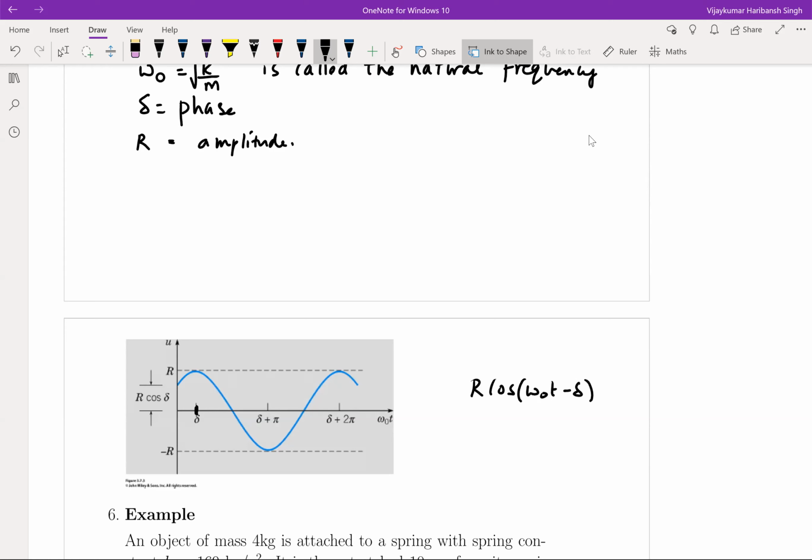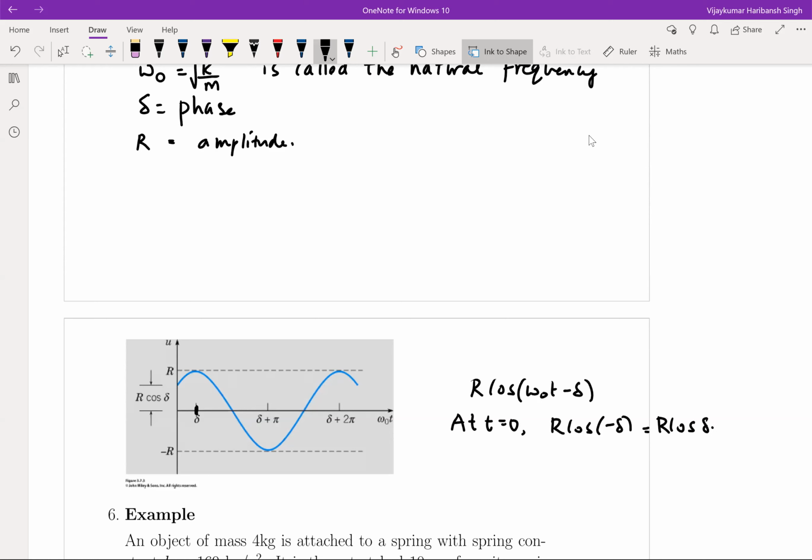At time t equals 0, you have R of cosine of minus delta, but cosine is an even function, so this is going to be R cos of delta.